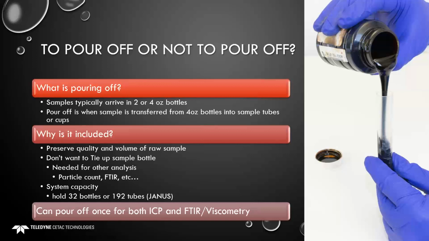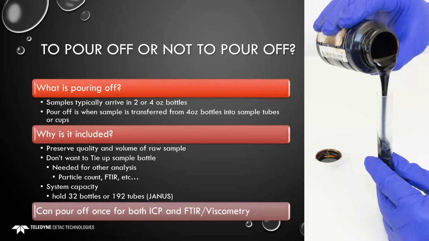Another big one really for this diluter in particular is system capacity. So I'm going to use the example here of the Janus type racks or bottle racks that are used on the OE4, OE8 systems. In that case, you can have a bottle rack that'll hold 32 bottles, or for that same space, you could have 2 of the 96 position tube racks. So the difference between 32 bottles or 192 tubes is pretty significant.